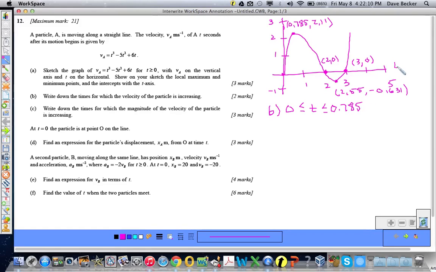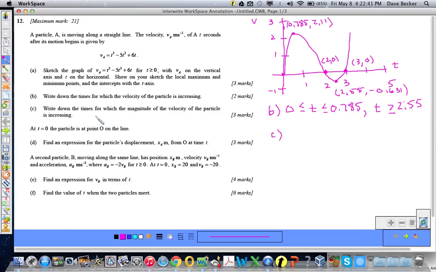This is t, and this is v over here. And then also it's increasing here, so that's t greater than 2.55. We don't have to do the infinity thing if we don't want to. You could put greater than or equal to because it starts and begins in the same spot. Doesn't matter. Either one will be good.